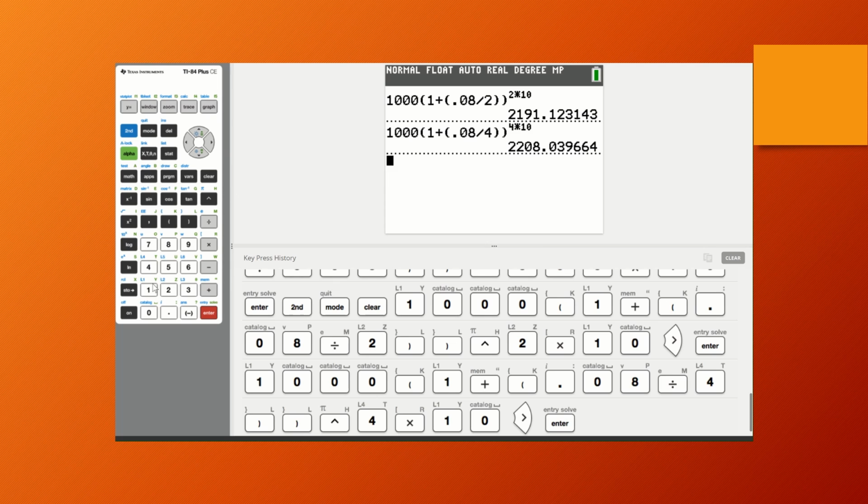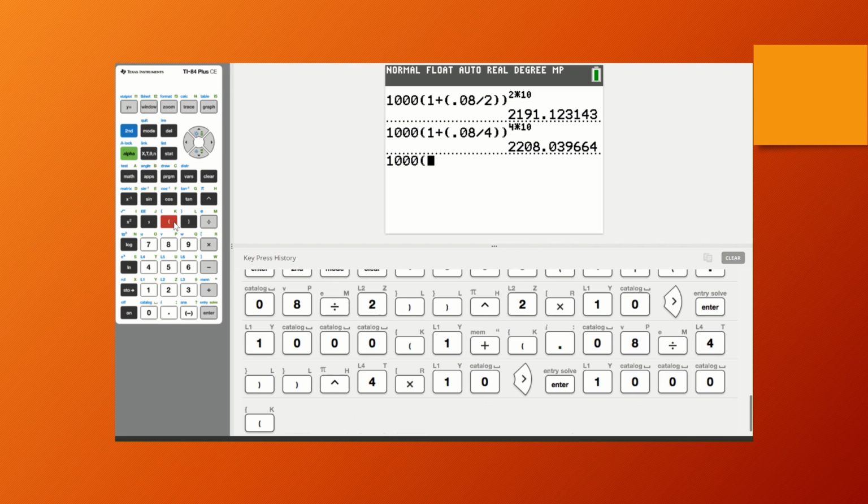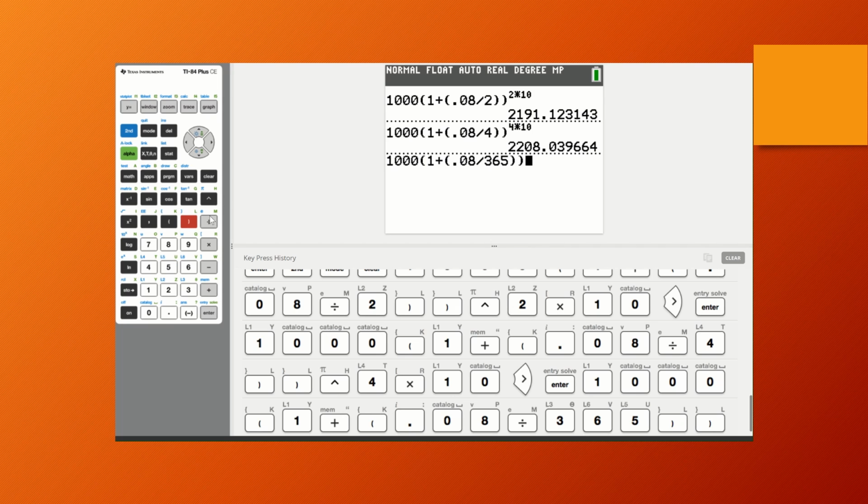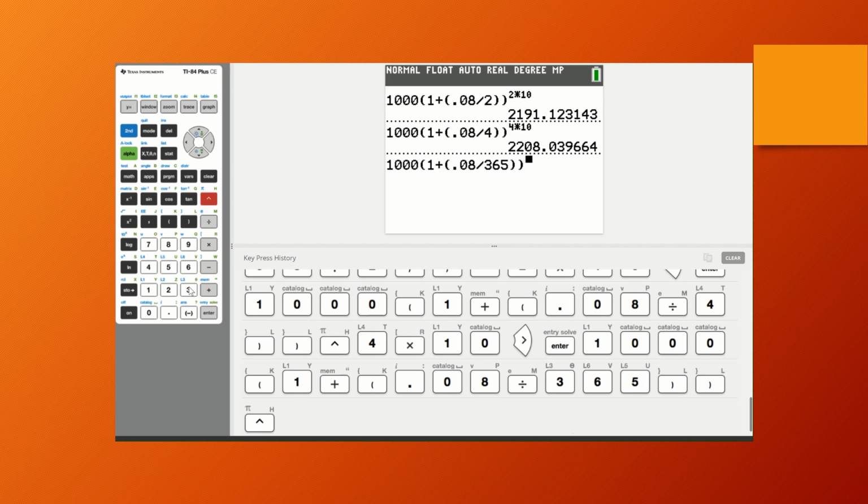dollar counts. And what if it was compounded daily? So again, I got $1,000 times 1 plus, in parentheses, 0.08, that's our 8%, divided by the daily compounding, 365 days, double close that parentheses, raised to the power of 365 times 10, that's our 365 daily compounding, 10 years.